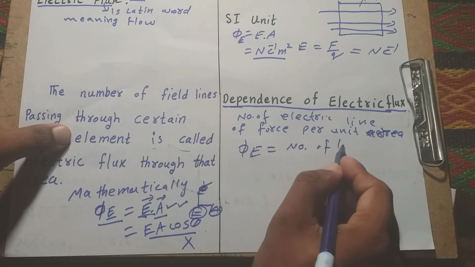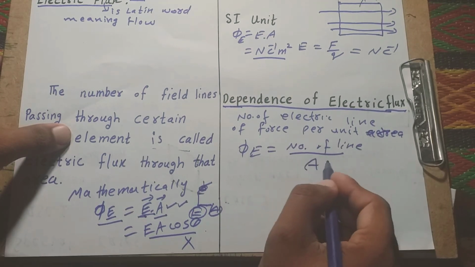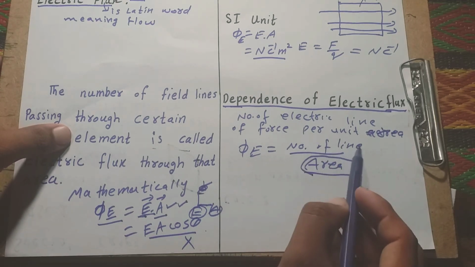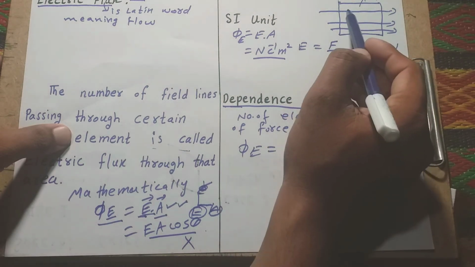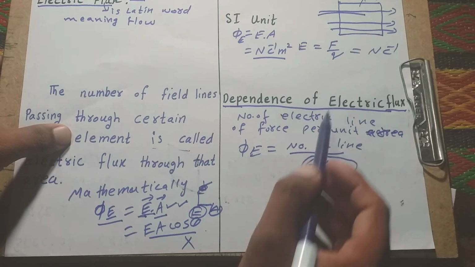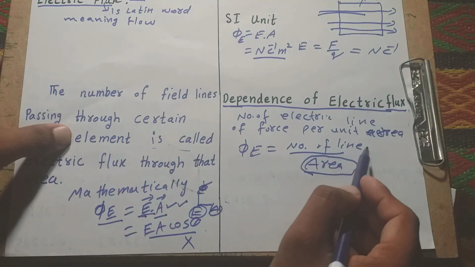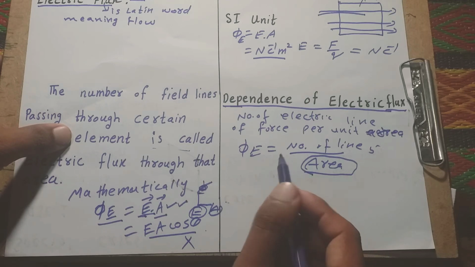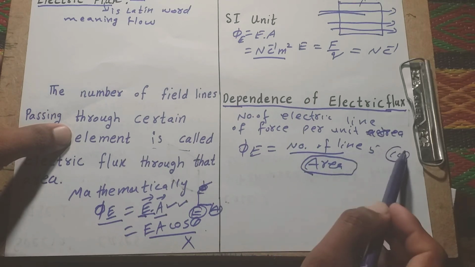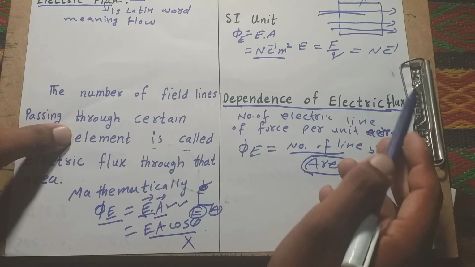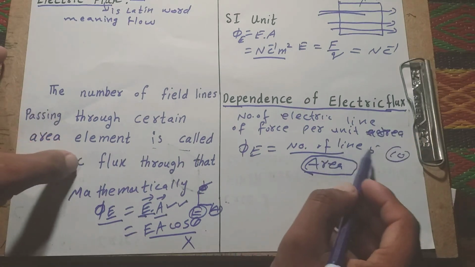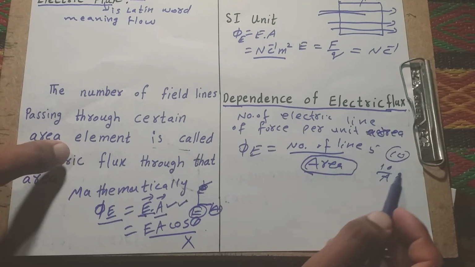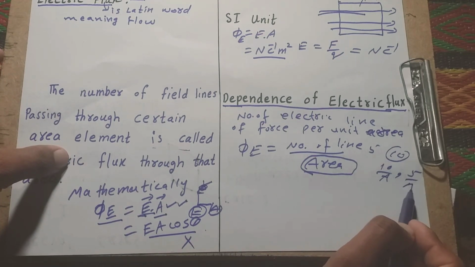Number of lines divided by area: if the area is fixed and we pass 5 lines through the area, and after some time we pass 10 lines, then 10 by area is greater than 5 by area.